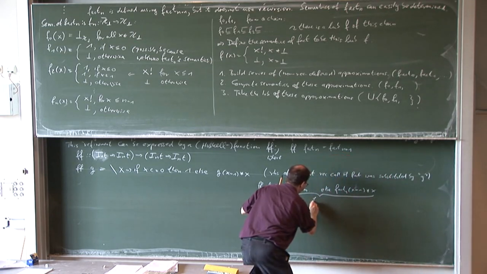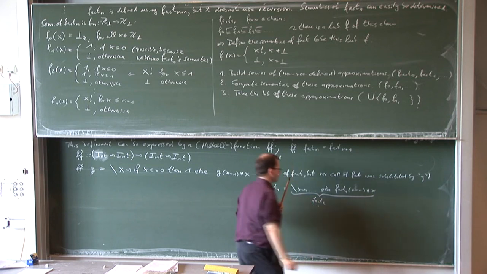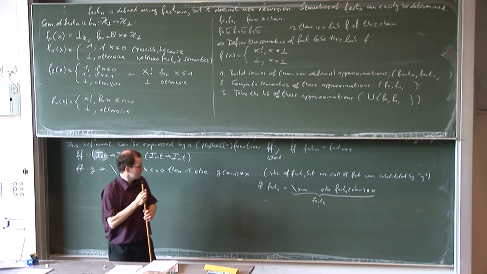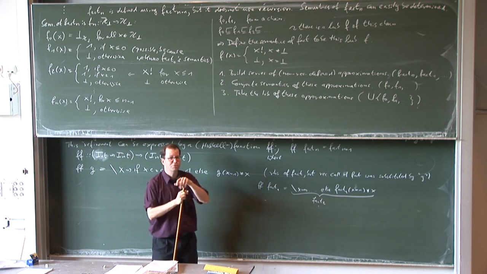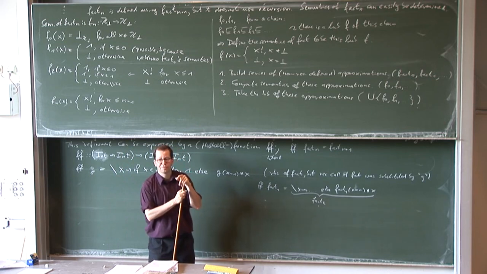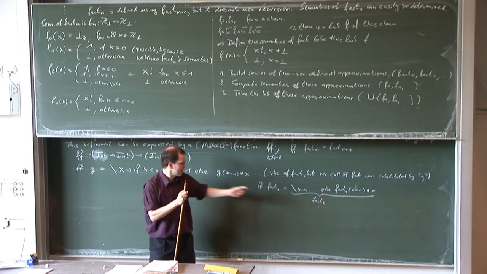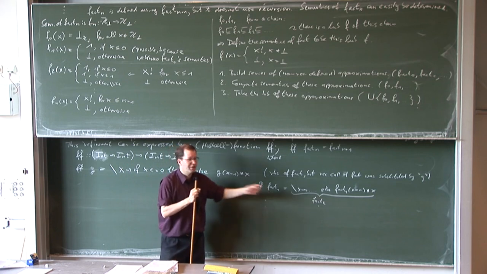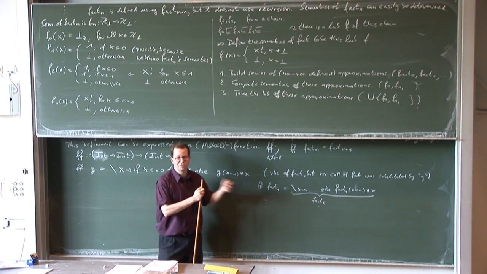So this is nothing else but fact 2. Similarly, if you apply ff to fact 2, you get the right-hand side of fact 3. So indeed, this function ff, if you apply it to fact 1, then you get fact 2. If you apply it to fact 2, you get fact 3, and so on.